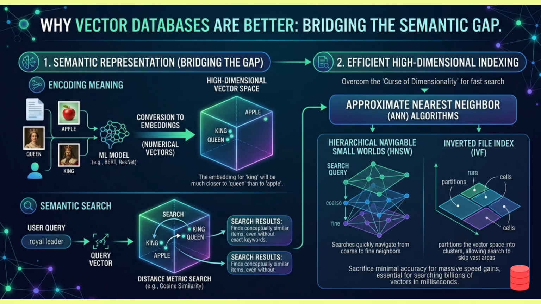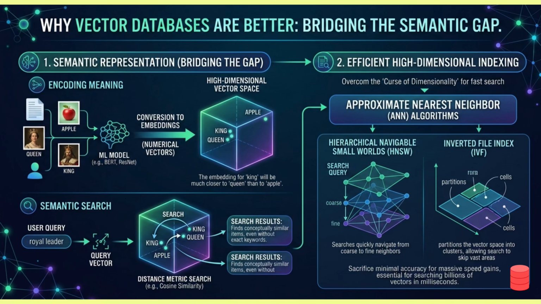So let's have a look at ANN algorithms, also known as approximate nearest neighbor algorithms. These algorithms sacrifice a tiny bit of search accuracy for massive gains in speed. They are crucial for searching billions of vectors in milliseconds. Popular examples include hierarchical navigable small worlds, also known as HNSW.